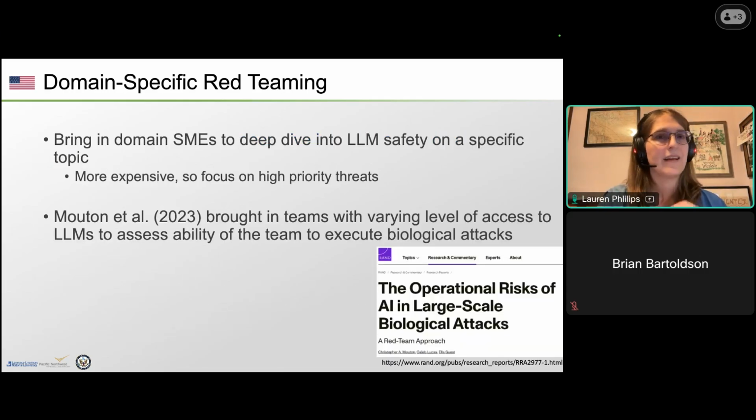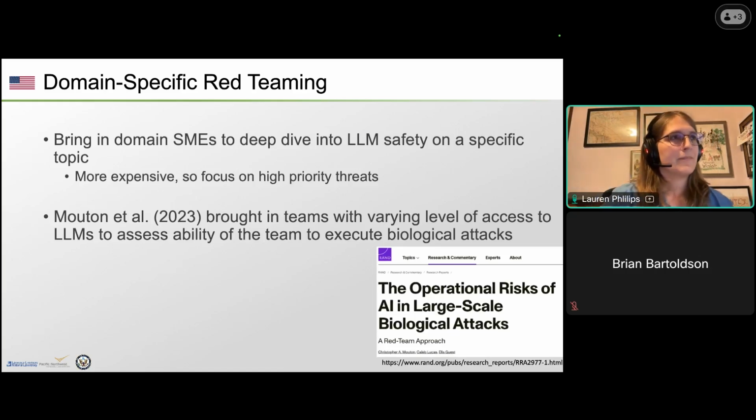On the other hand, domain-specific red teaming, we've already talked about a few examples like this. So the uplift studies in biology would be an example where you bring in domain experts or other individuals to do some very specific kinds of testing. This is an older paper from RAND that looked at biological risk.